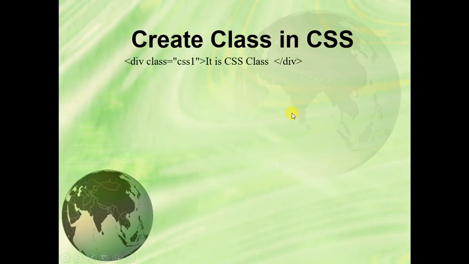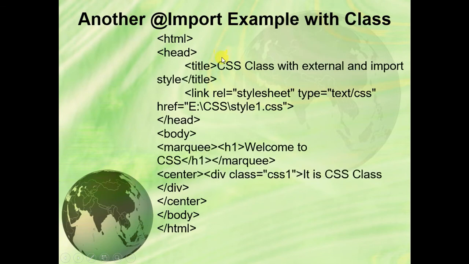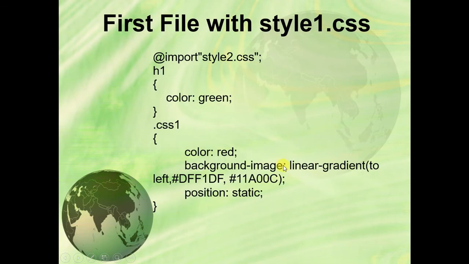Our topic is class, and I have done this. Only some errors are here, like background dash image, linear dash image. Only one error is here, so it will not affect the website.